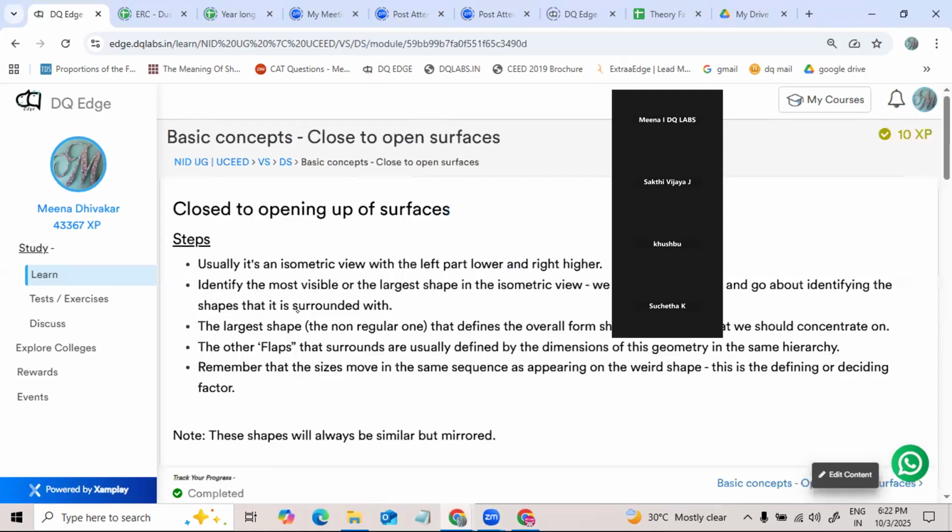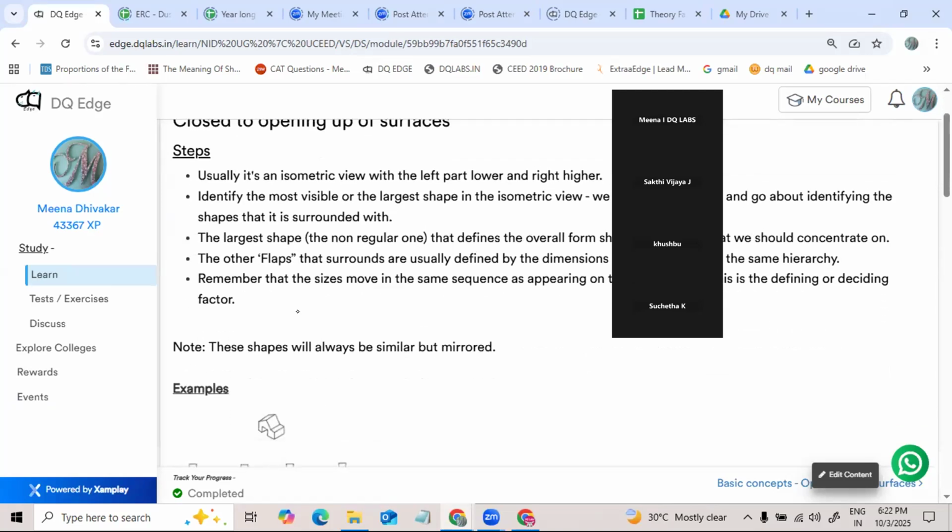See here, there is a close to open surface, right? When we are talking about close to open, it's 3D to 2D. There will be a closed 3D figure, and I need to know what the 2D thing for this 3D is. First, the major point is that when you're doing this topic, you need to know three steps.